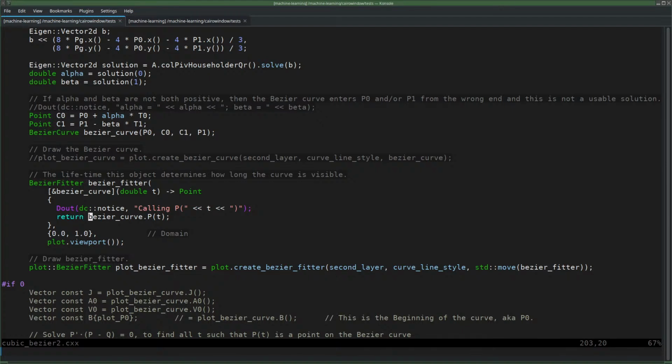I'm not going to use Bezier curve here. I'm going to return a point, and that point is just something around 0.